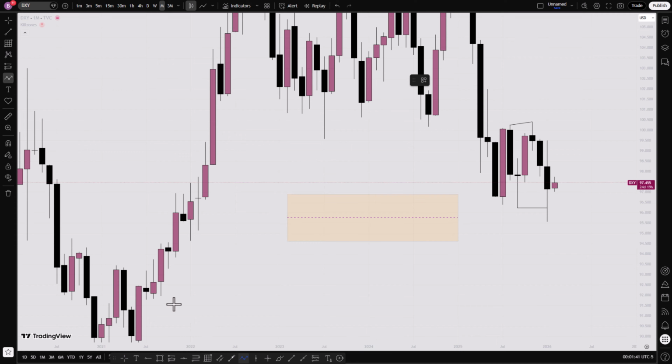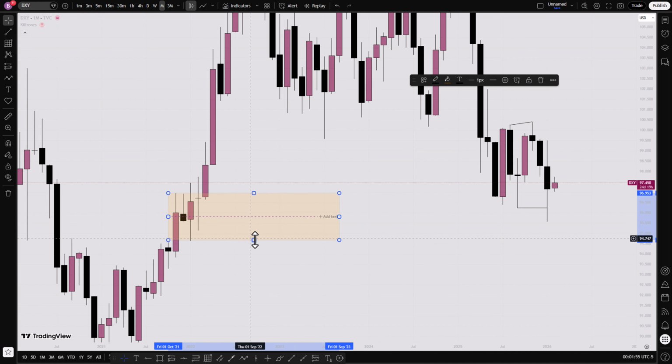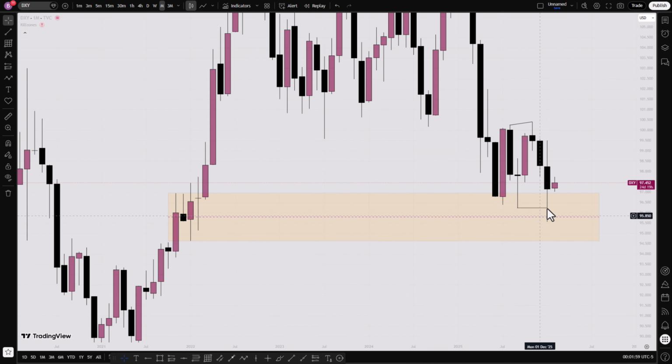We see price went bullish, and so we have something like this in the market. So here is where price is reacting from. So when we put this back here, you can see price is reacting from this level back into the range.